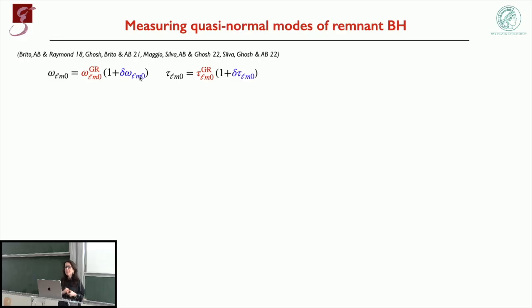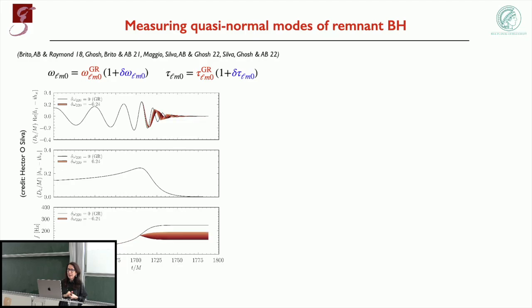What you want to do is a Bayesian analysis where now you have these two new parameters together with all the rest. By the way, the waveform depends on 15 parameters for binary black holes when you add all the effects, also including the distance, the location in the sky, etc. So you add these two parameters, and how do these parameters change the waveform? I have a little animation.